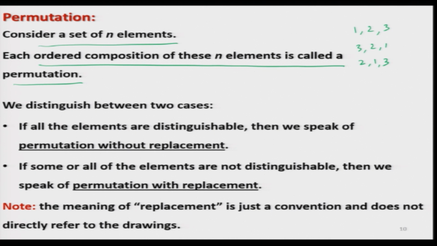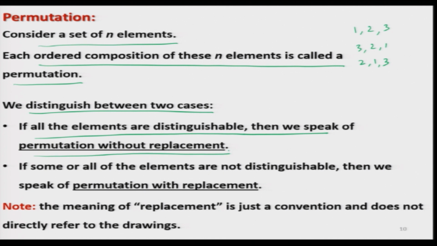Now, in this case, we distinguish between the two cases. If all the elements are distinguishable, then we speak of permutation without replacement. And if some or all of the elements are not distinguishable, then we speak of permutation with replacement.